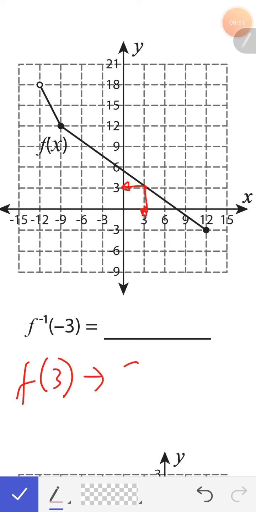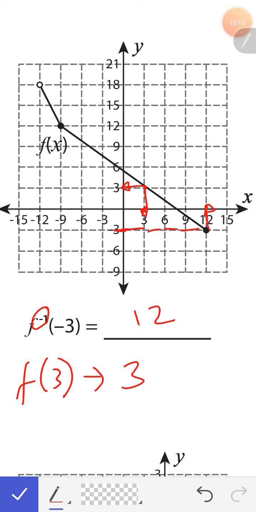However, they are asking me for the inverse function of negative 3. Since they're asking for the inverse function, my input is going to be a value on the y-axis. So I'll go to the y-axis, look for -3, which is right here, follow it to the graph, and find that value on the x-axis, so that's 12.